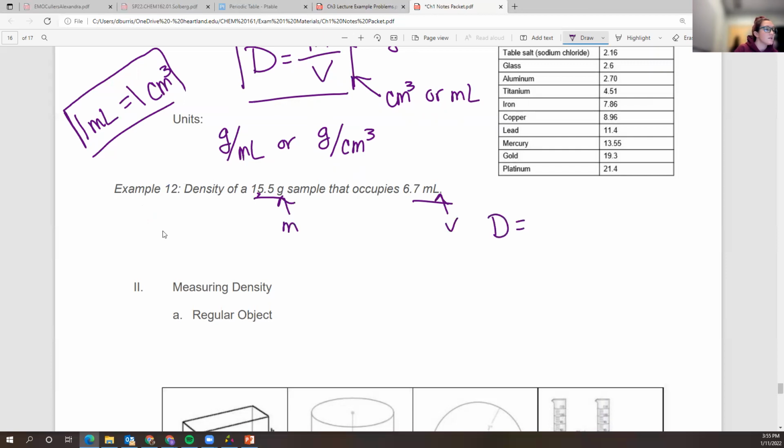So the density for this is simply 15.5 grams over 16.7 milliliters. And that means its density is 0.928 grams per milliliter. Okay, and if I had a table of more densities, I could identify what that object was.